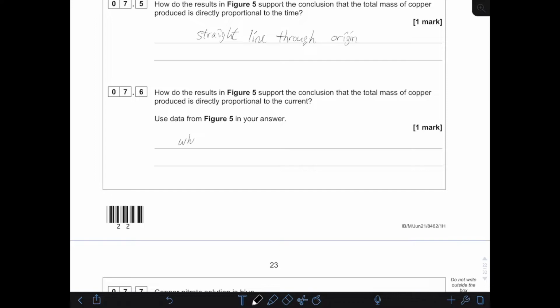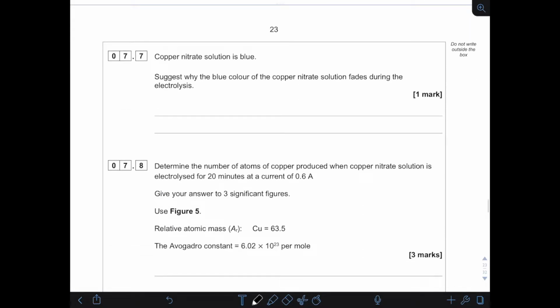Fine, that's the answer. So copper nitrate solution is blue, and the blue color fades during electrolysis, so you need to explain that.